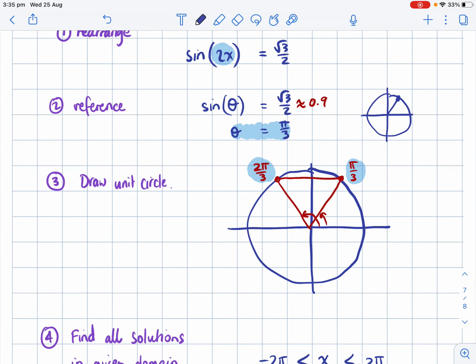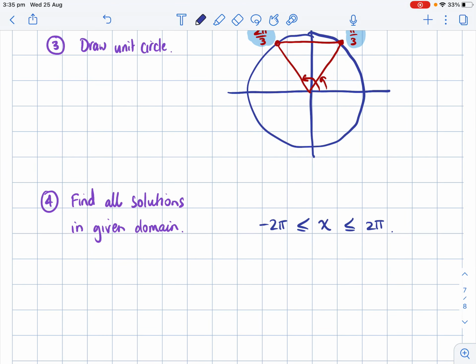So a trick here is I'm going to change my solutions for x. I'm going to find out what is the domain that 2x has to be between. Now if x is between negative 2 pi and 2 pi, then 2x will be between negative 4 pi and 4 pi.